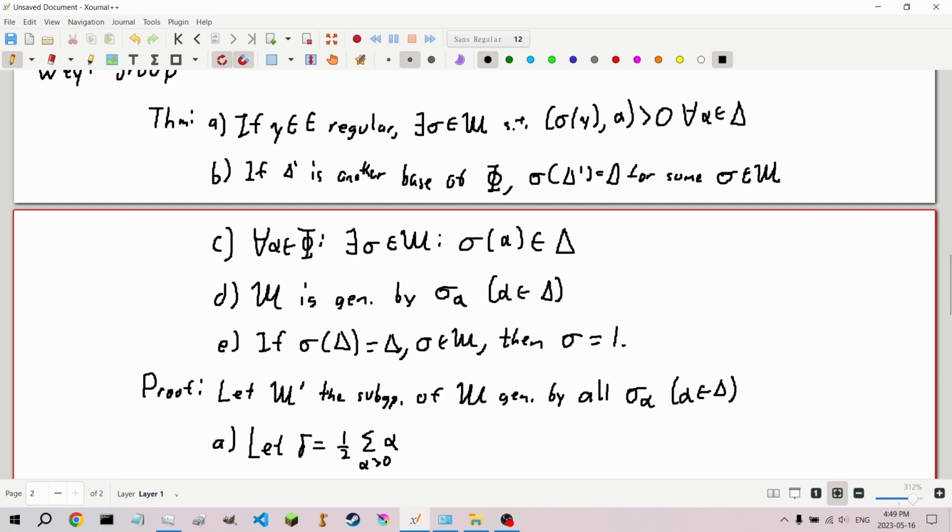So we're going to choose an element σ of, I'll call it the lesser Weyl group, for which the form of σ(γ) and δ is maximal.